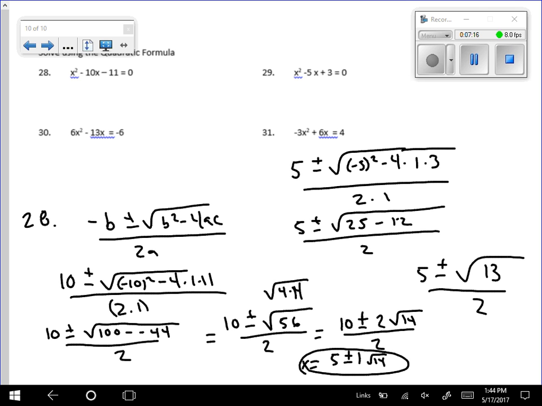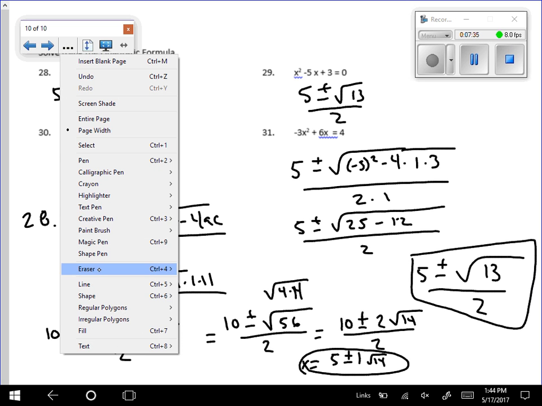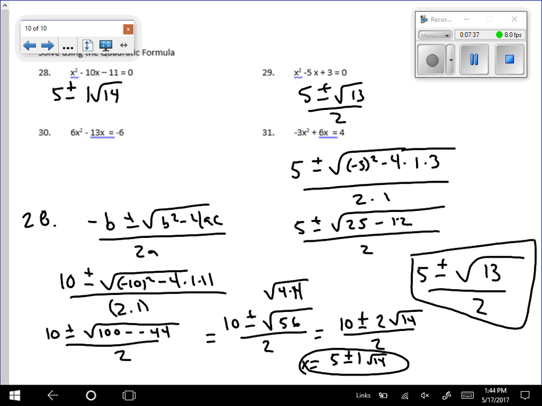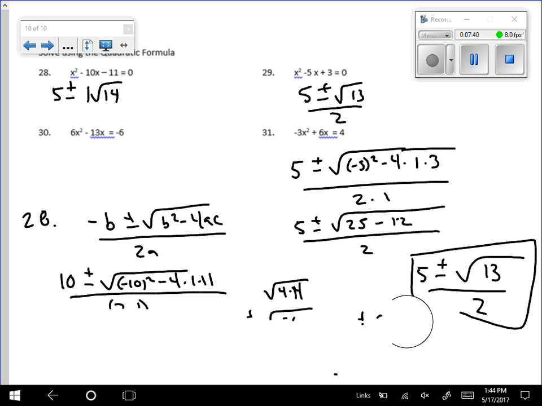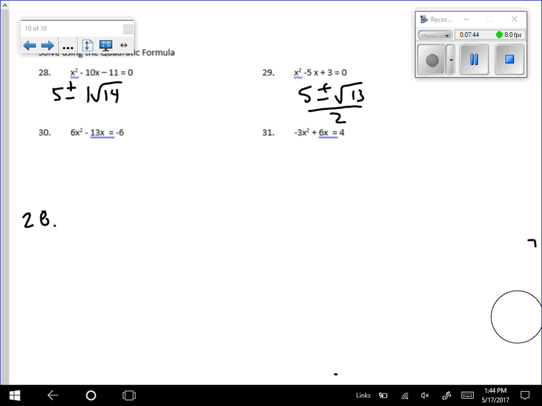And we can't simplify that any further, so that would be our answer. And I'm going to write these up here so that I can erase. Okay, so I'm going to erase these so I have room to do 30 and 31. And then we are all done.